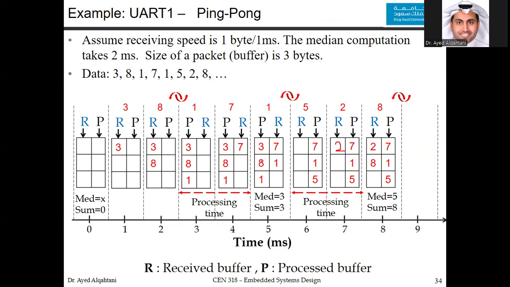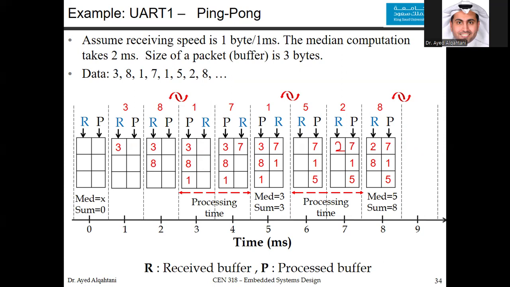I should have mentioned here that also the median here after sorting is 3. You will have 1 first, followed by 3, followed by 8. So the median value is 3. And so on, you will do the ping pong again. So this will repeat itself more and more. This is very efficient. So you receive and process at the same time.